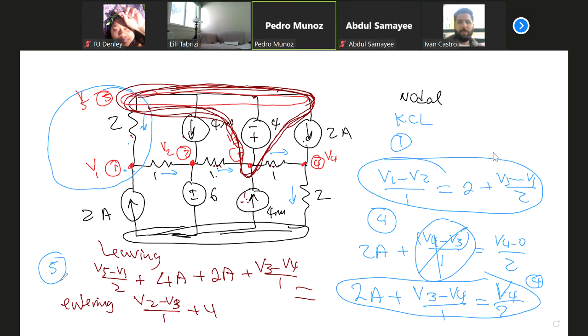Yeah, I have a quick question. I'm still having a hard time understanding. I understand the whole leaving and entering thing, but when it comes to V5 minus V1 over 2, I get that part, but I don't understand how it's V5 minus V1 and so forth. What's the voltage at this end? It's V5. What's the voltage at this end?